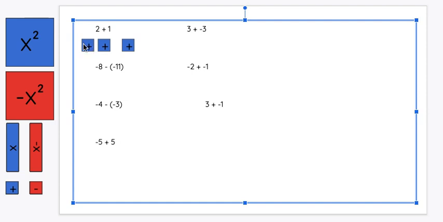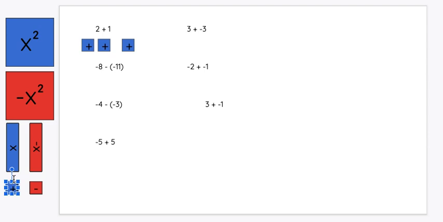So let's see here. This one, so you have 8 negative units. Oh, this doesn't want to work the way I want it to.